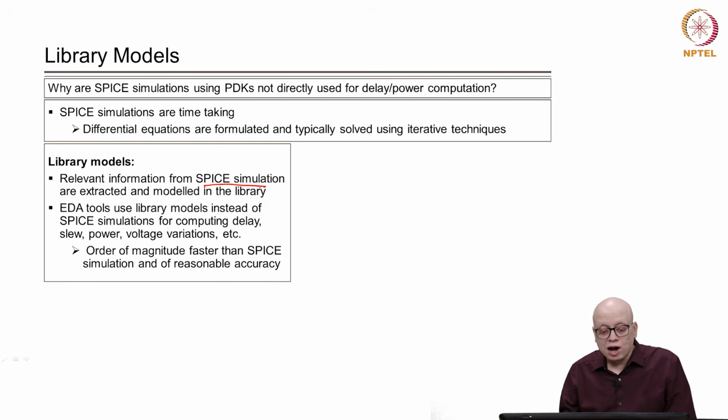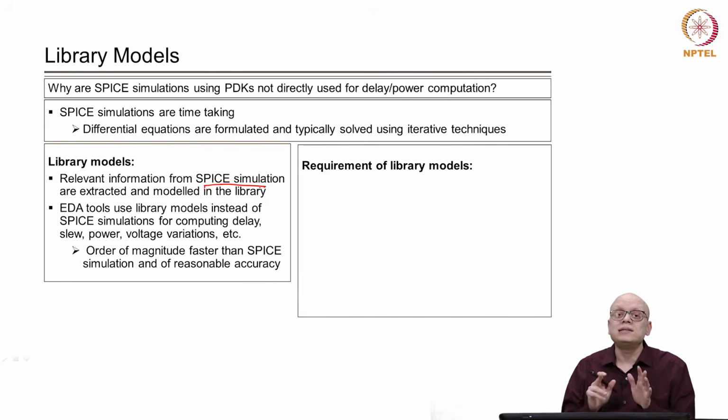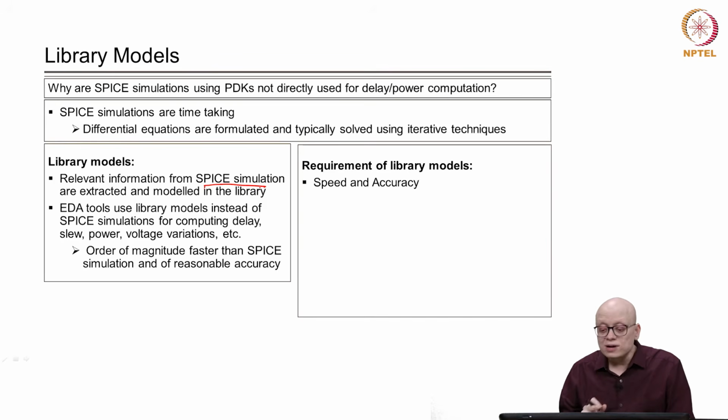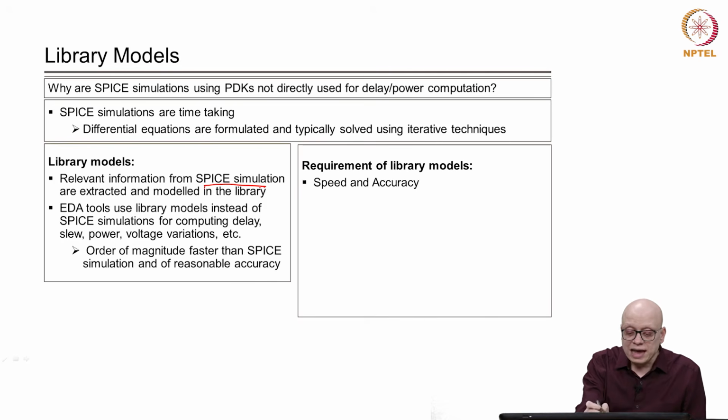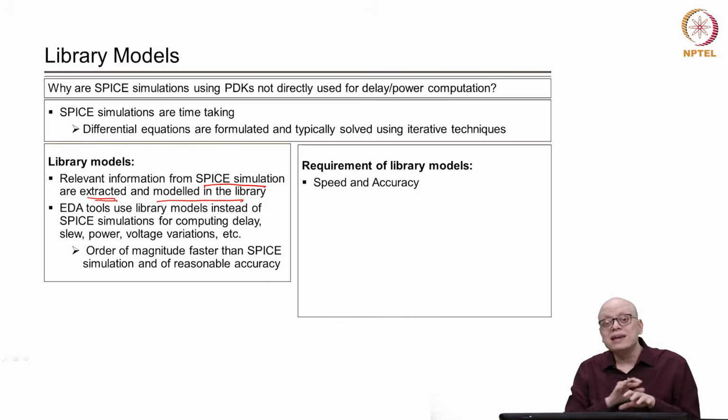Now, to allow this to be done seamlessly, we have to consider some important attributes that these library models should have. The first attribute is the speed and accuracy trade-off. We are creating an abstract model, so we extract information and model it in the library. We are not modeling everything that we get from the spice simulation.